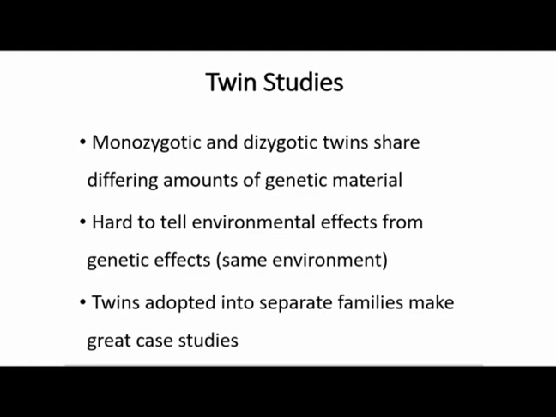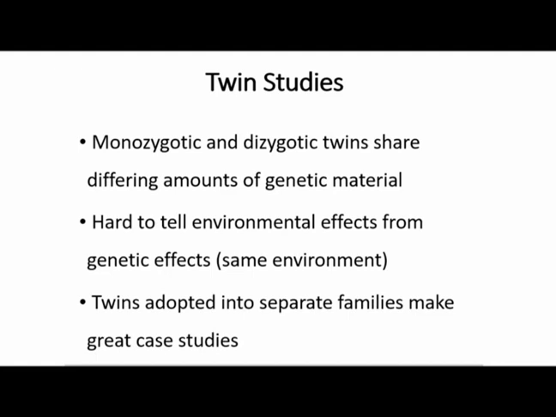Again, we run into this issue where it's very difficult to tell environmental effects from genetic effects because both monozygotic and dizygotic twins would theoretically be raised in very similar environments with their families. So this is where we get to the kind of cool place where we can combine adoption studies and twin studies.